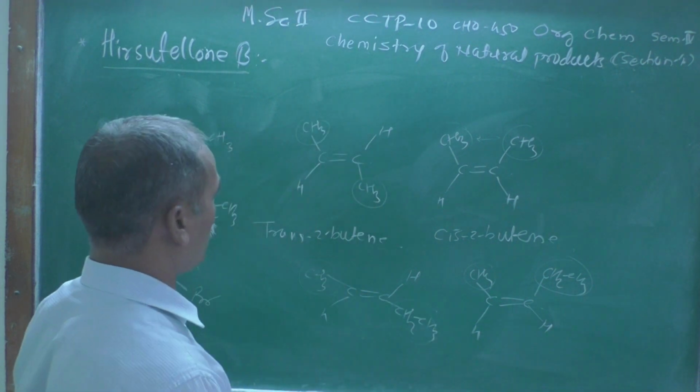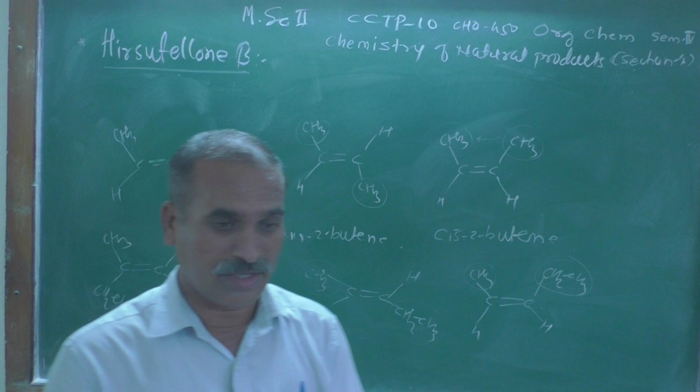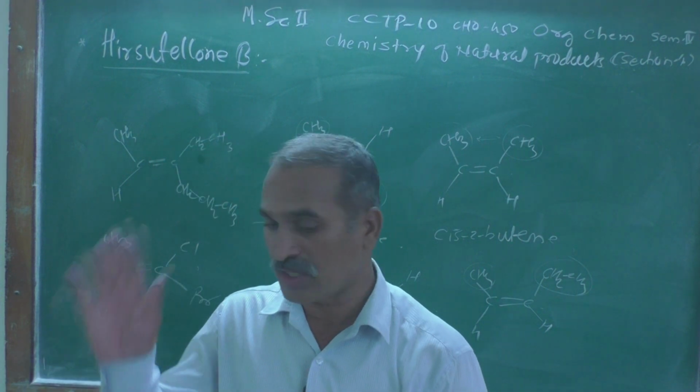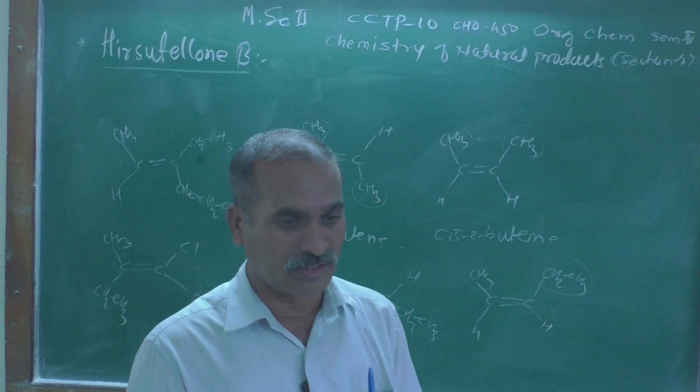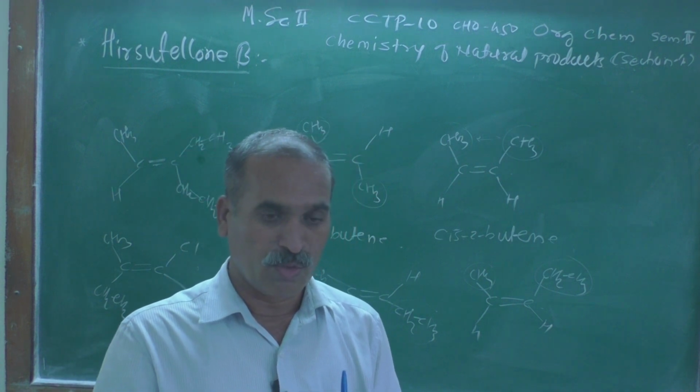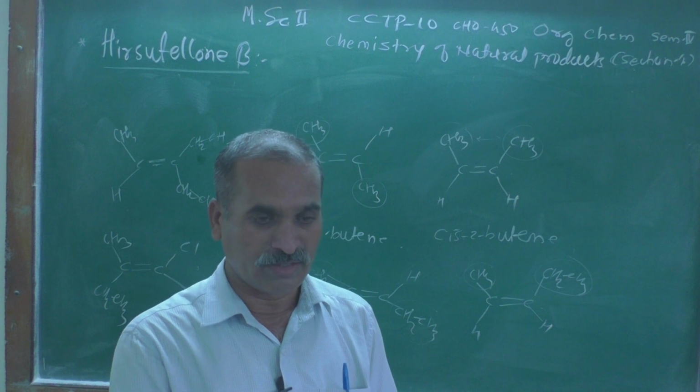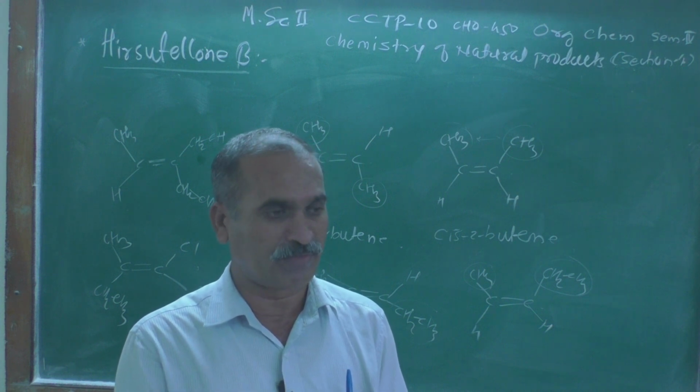For such a type of complicated compound, the scientists got confused at that time, and they discovered a new method, new terminology, for giving the IUPAC name of that compound.